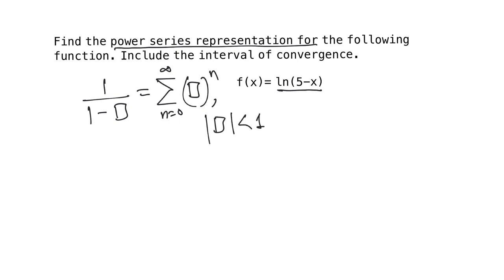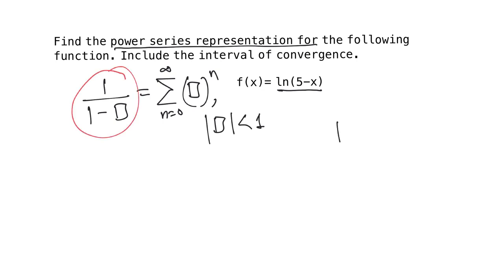We are just trying to find a geometric series with a common ratio less than 1. So we need to write it as 1 over (1 minus something). Okay, so for that, let's try.